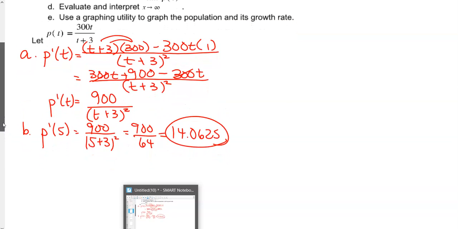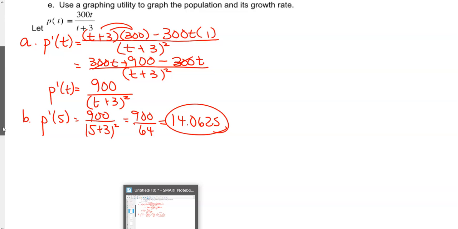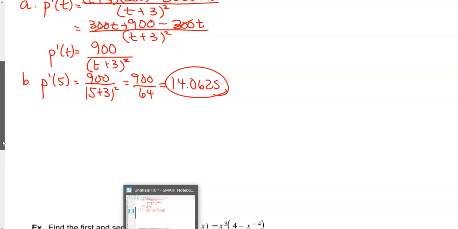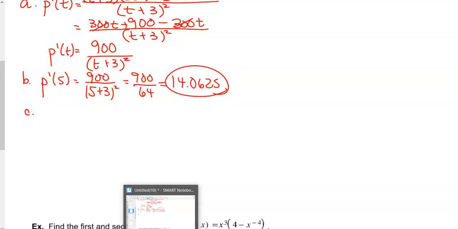Now, part C, you can read on your paper there, it says estimate the time when the instantaneous growth rate is at its greatest. So this is kind of harder to answer at this point. We will figure this out later mathematically, but at this point you don't know exactly how to do it.